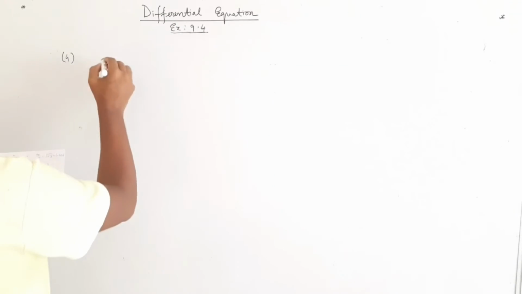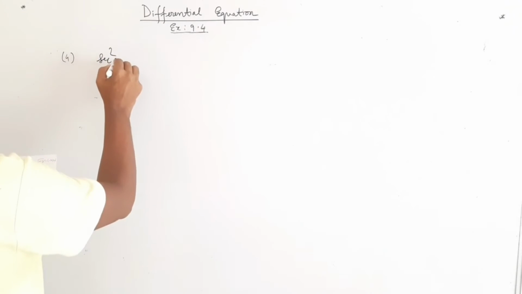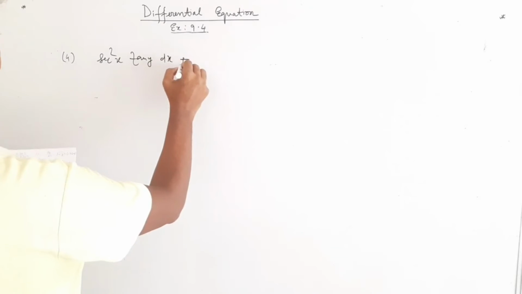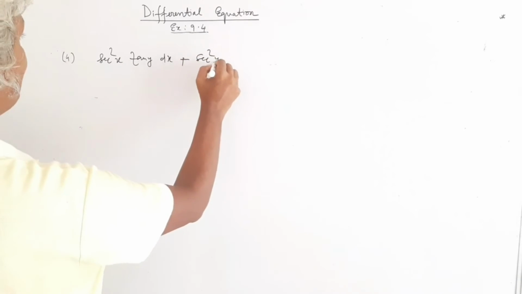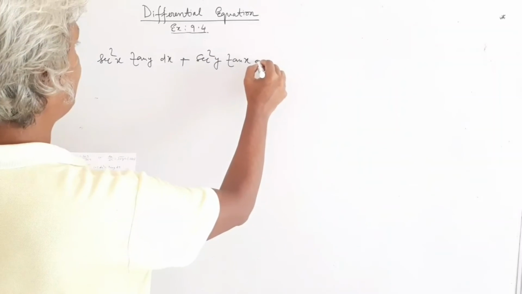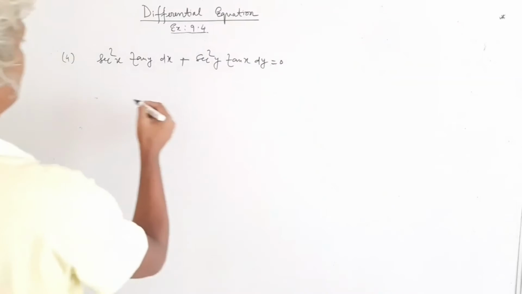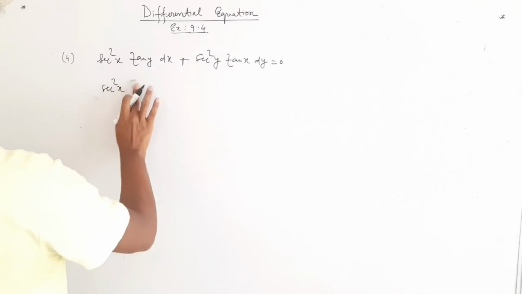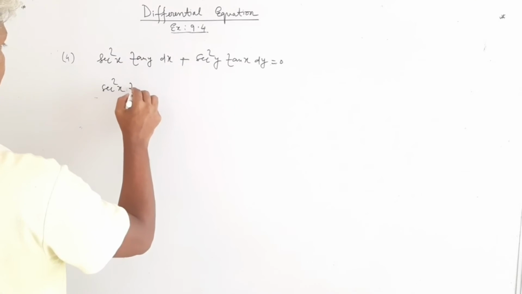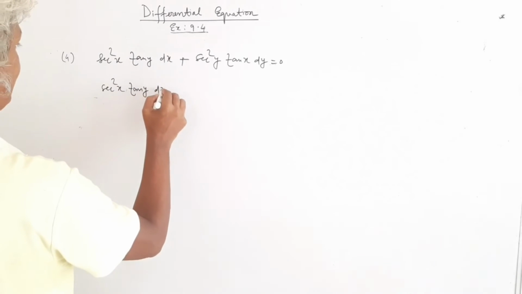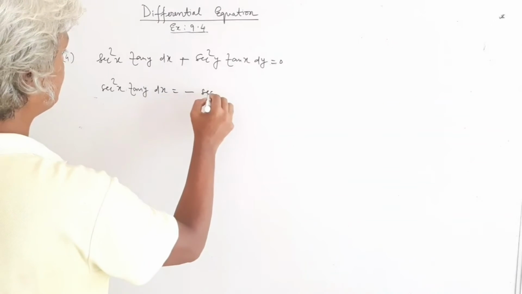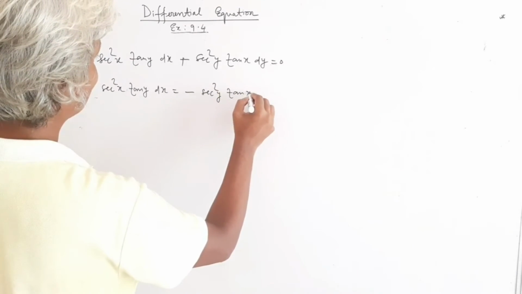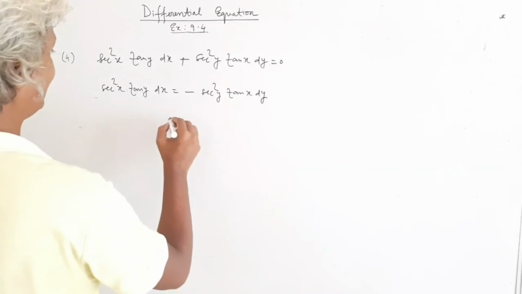Okay. Question number 4, my friends, it is sec square x tan y dx plus sec square y tan x dy is 0. So I write sec square x tan y dx is minus sec square y tan x dy.